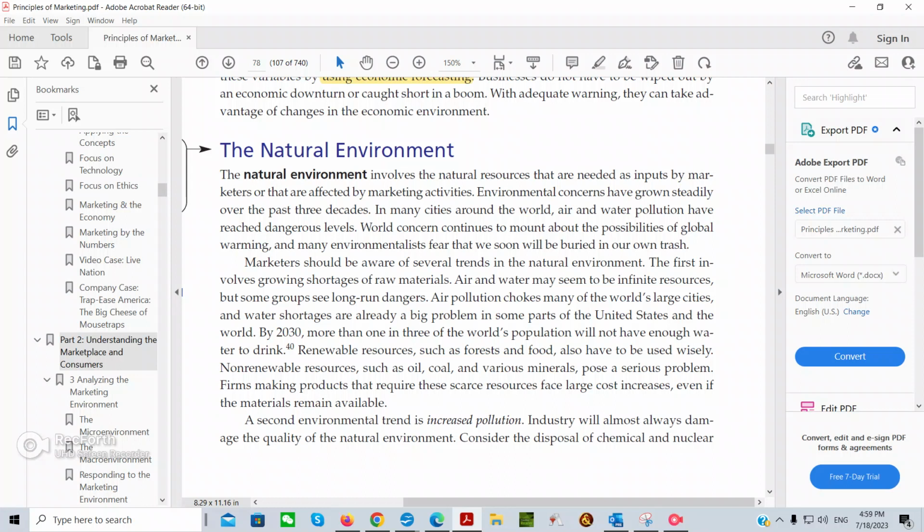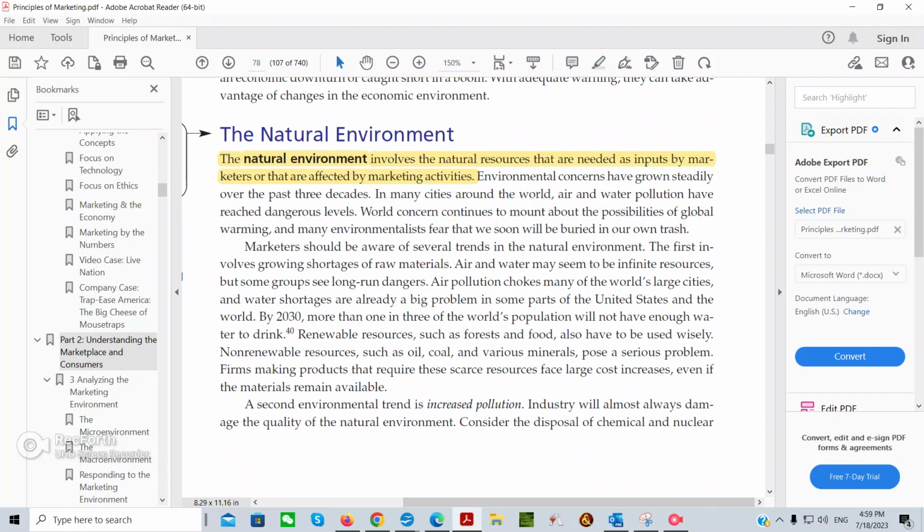World concern continues to mount about the possibility of global warming, and many environmentalists fear that we'll soon be buried in our own trash. Well, I don't agree with that statement because there's always ways like burning, like recycling, and a lot of the stuff like recycling has been going on since the 90s, so I think that's more of an exaggeration than anything else.